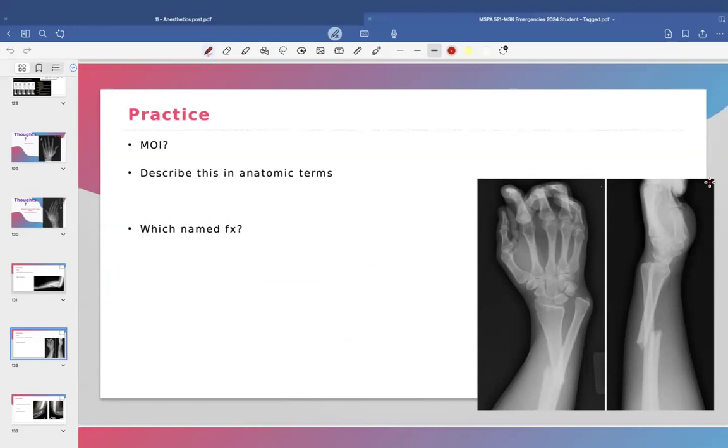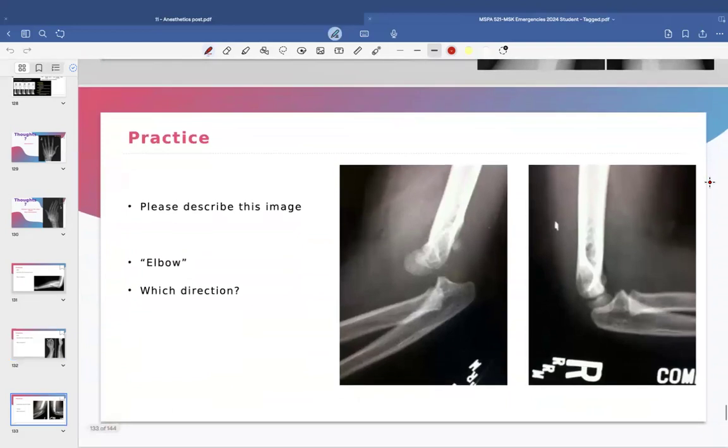Nicely played. What direction of dislocation? Posterior. Good job. Why is it posterior? Dislocation.